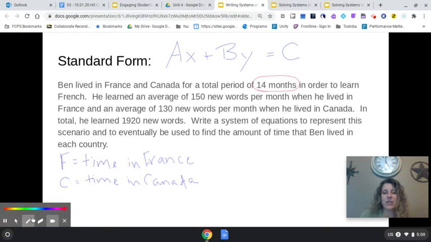I'm going to switch colors because I notice that these other values are talking about how many words he acquired in the French language when he was living in each country.